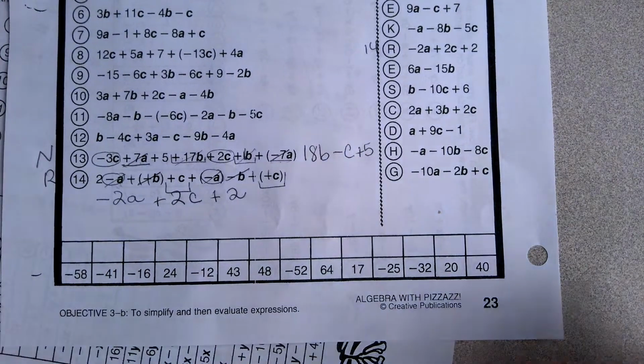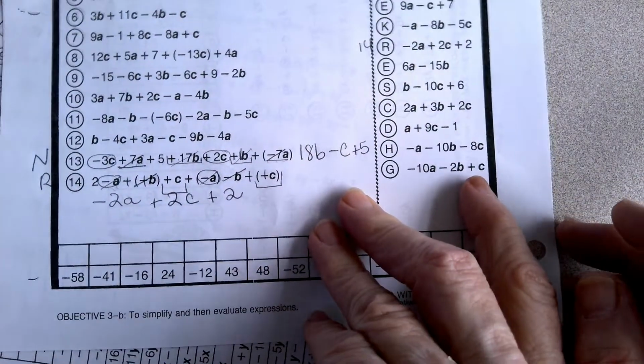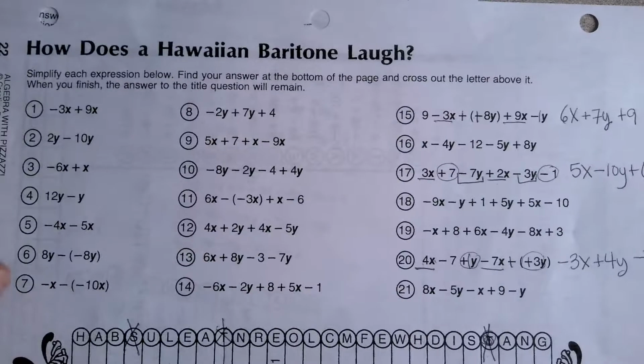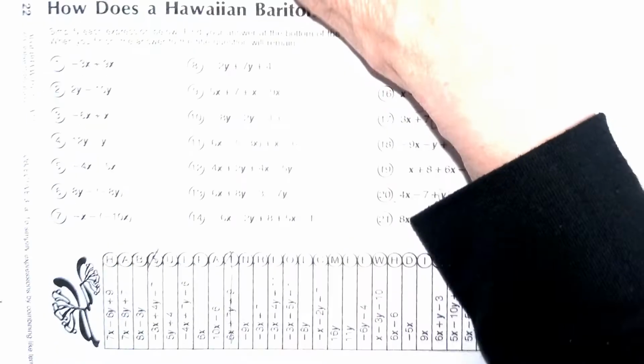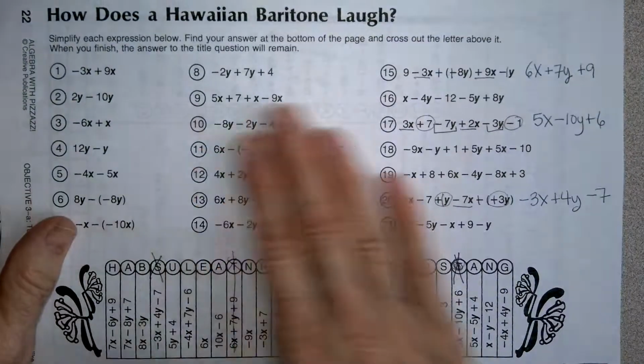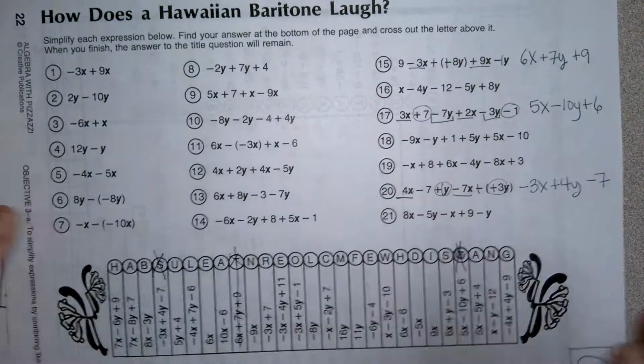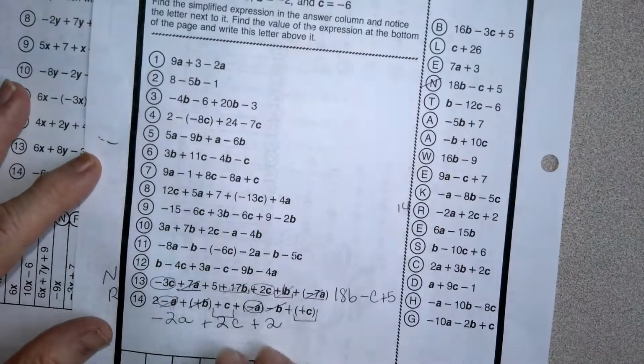All right, so I'm done. You're going to do, for sure, all of this page, collect your like terms, and then don't wait until tomorrow. If you're done, start doing some of these.